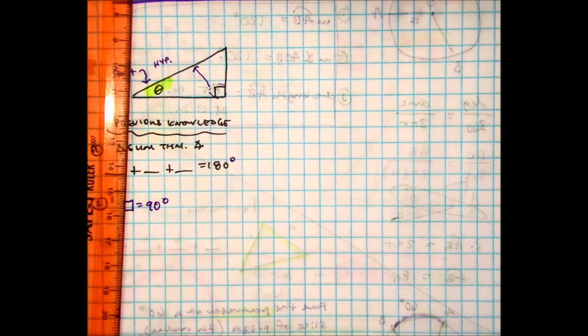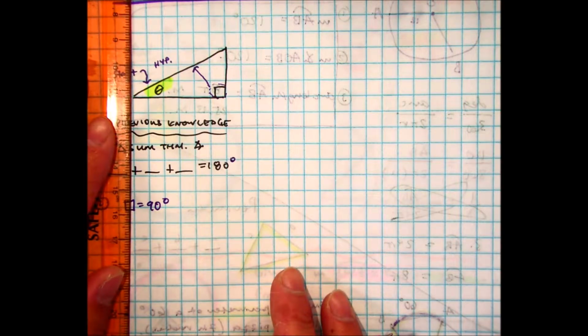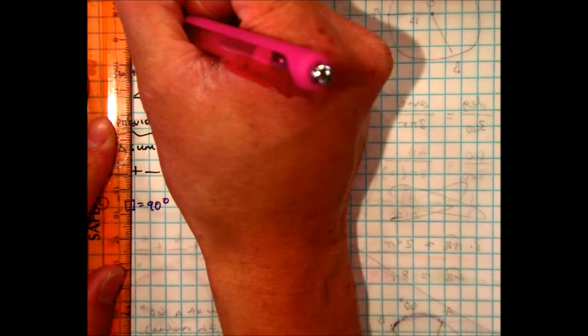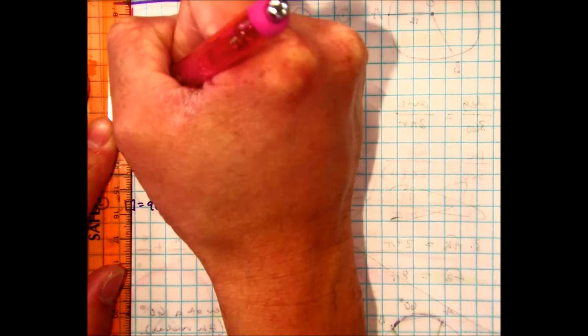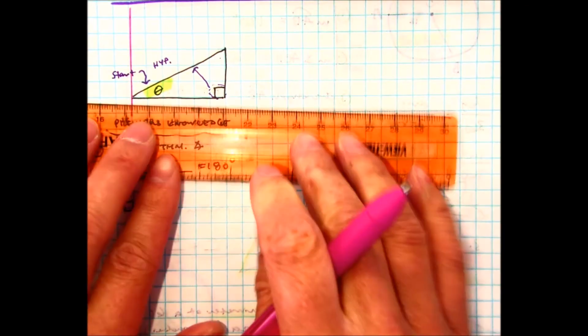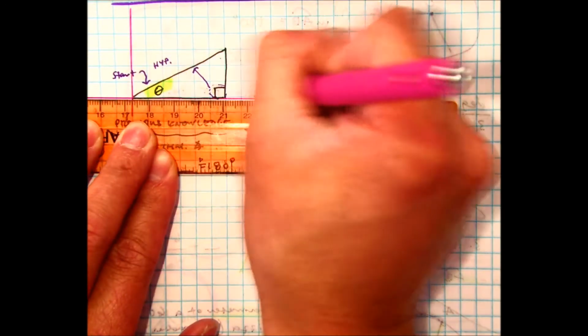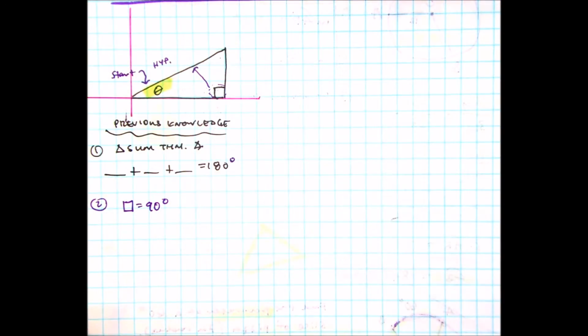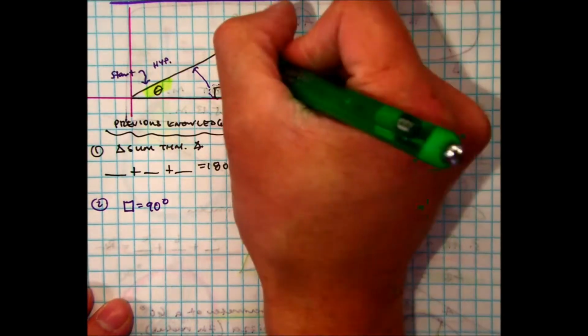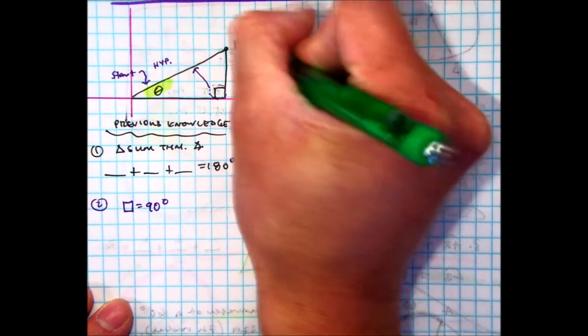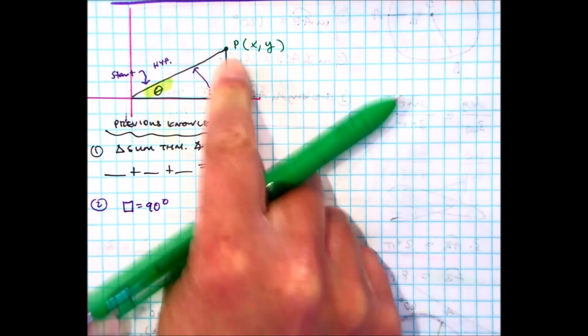I'm going to put this triangle on a coordinate plane. And let's say on this coordinate plane I give you a point. Class, what does that P stand for?